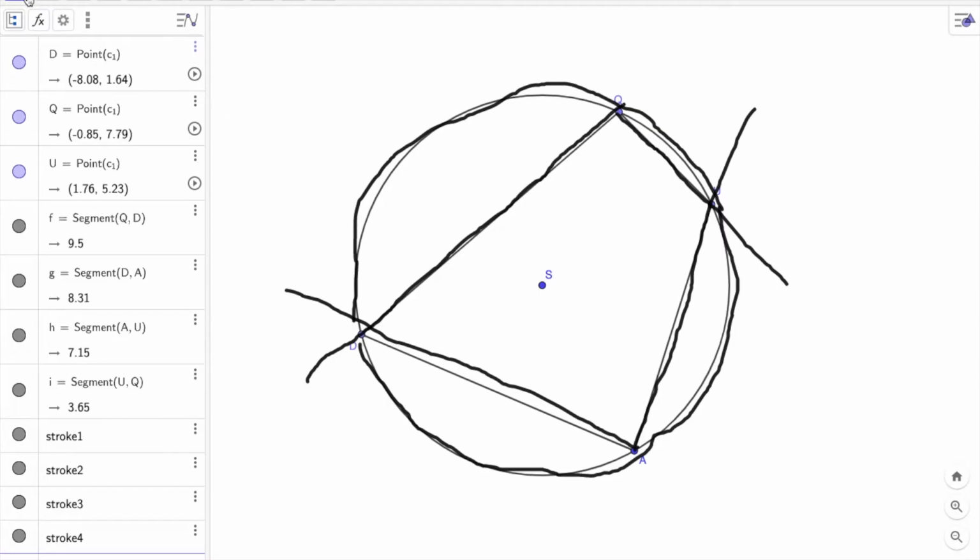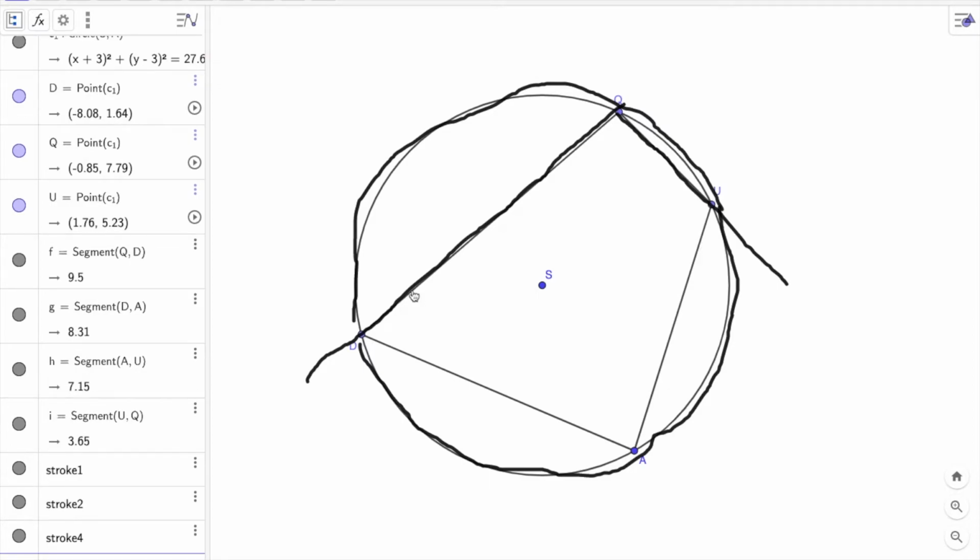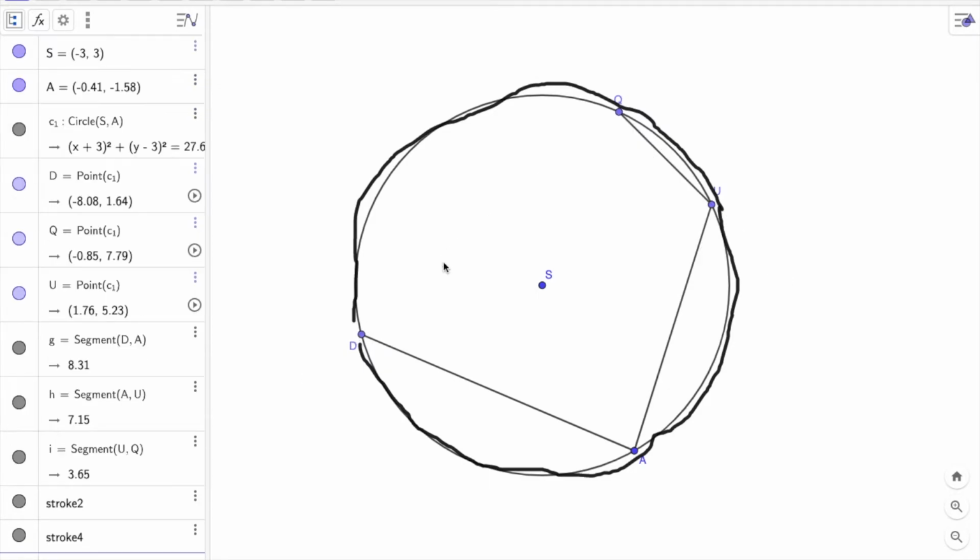And you'll notice somewhere in the middle of all of this mess, we now have a pair of arcs that together make the entire circle.